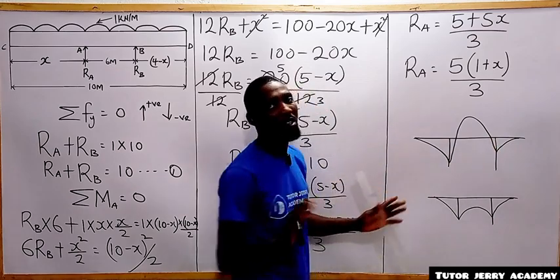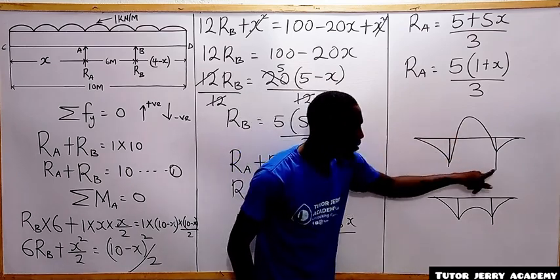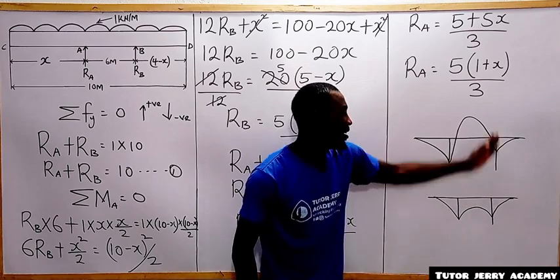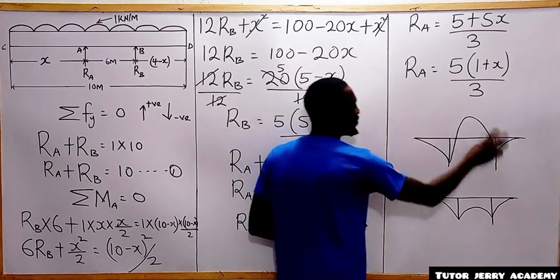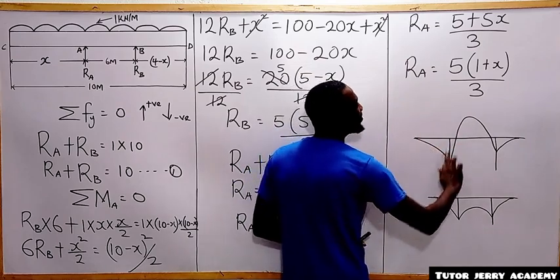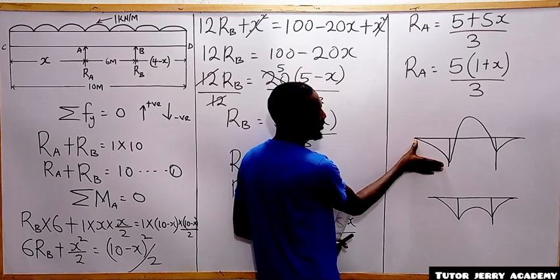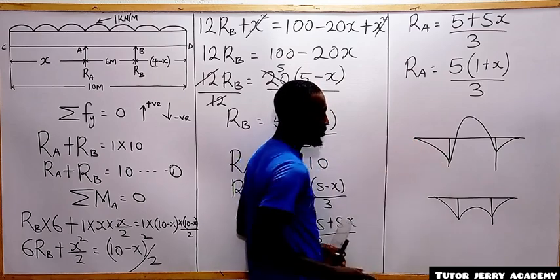So the concept is this: between the span, let's say this is A, this is B, maybe this is our reaction at A, this is our reaction at B. In between this span, we have our maximum positive bending moment, and at the support of this beam, we have our negative maximum bending moment.